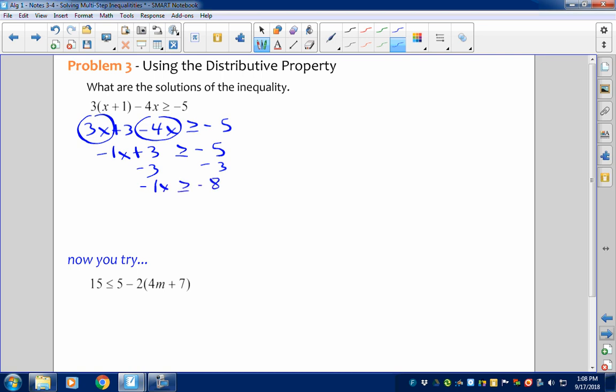So we have negative 1x is greater than or equal to negative 8. And then divide. It will end up, we flip the inequality, negative 8 divided by negative 1, x is less than or equal to positive 8 is correct. Yeah, you gotta make sure you flip the inequality when you divide by a negative.